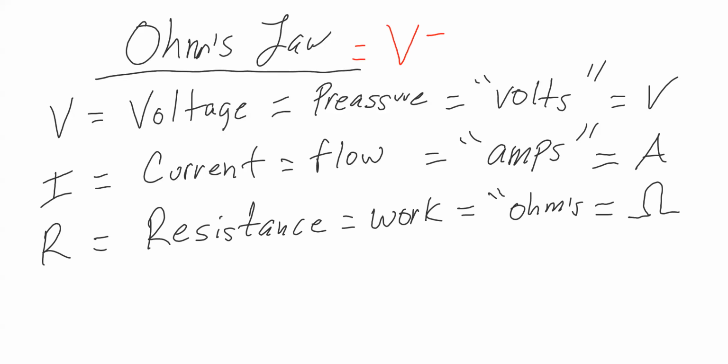V equals I times R. Now, there's times that they will substitute the V for an E, and the E will stand for energy. So you would see this equation or formula in this manner, it's still being referred to as Ohm's law.